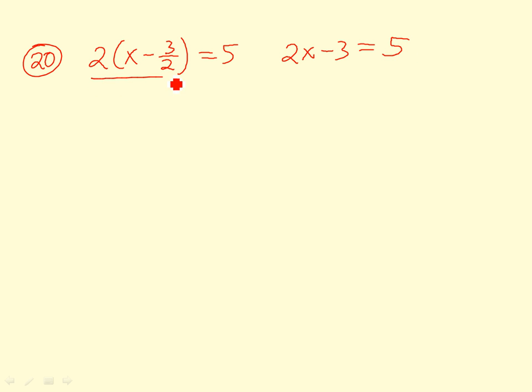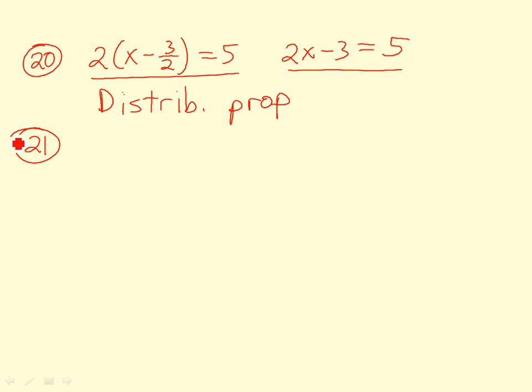How'd they get from this to that? What did they do? As soon as you see parentheses, you probably all think of what property? Distributive property. And again, you can abbreviate quite a few of these. 21 next.